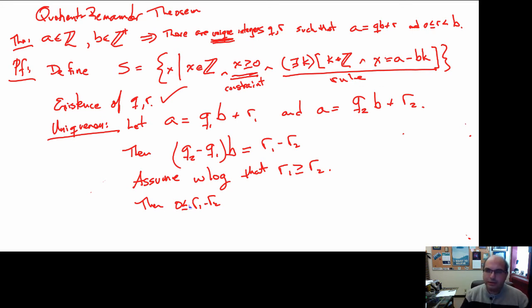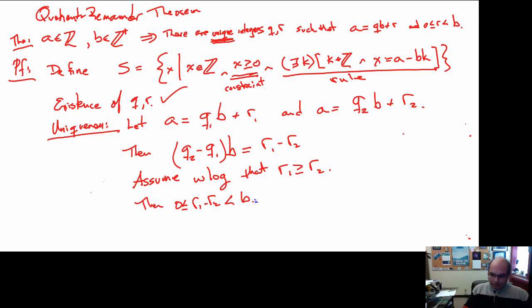Well, r1 is a number that is smaller than b, because that's what we showed, and r2 is also smaller than b. So r1 minus r2, the biggest that I can make it would be if I choose r1 to be b and r2 to be 0. But I can't quite do that, I can't go that large, so it's at most b minus 1. That's why it's a less than as opposed to a less than or equal to.